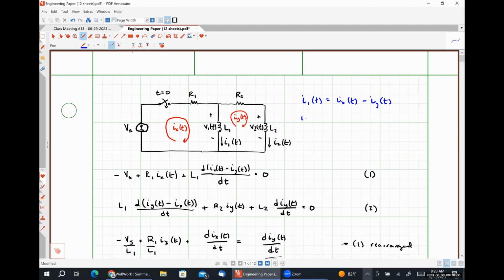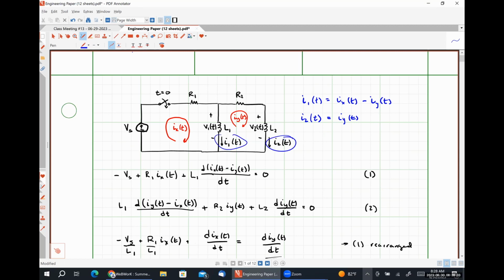And our inductor current I2 is simply Iy, right? So if we are able to write a second order differential equation with respect to those mesh currents, we can then tie things back to our original quantities of interest.